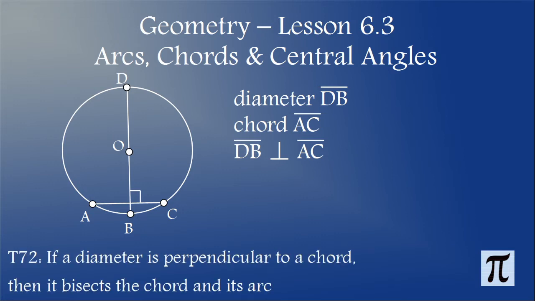And that leads to theorem 72. If a diameter is perpendicular to a chord, which we have here, then it bisects the chord and its arc. So if we add point X here at the intersection, we know that AX must be congruent to XC, and arc AB must be congruent to arc BC.